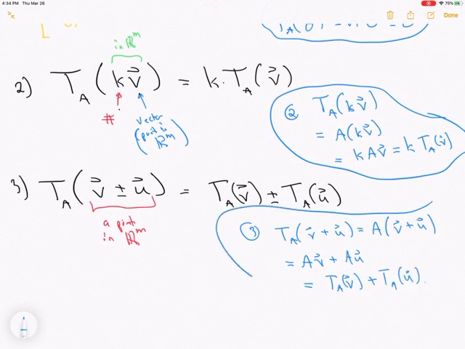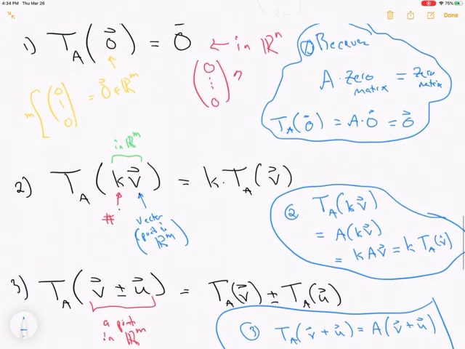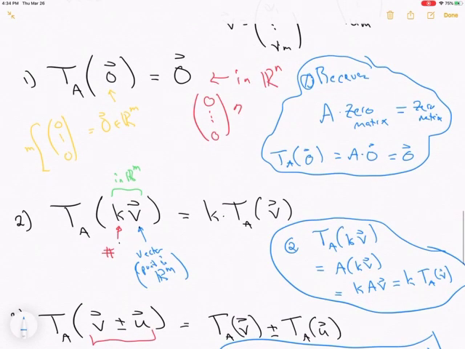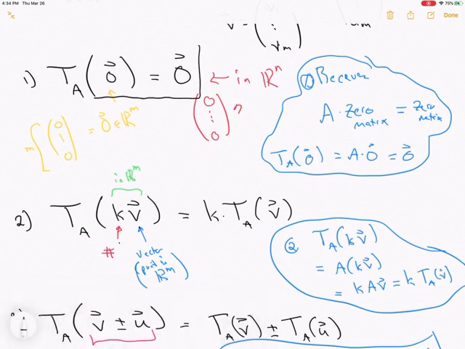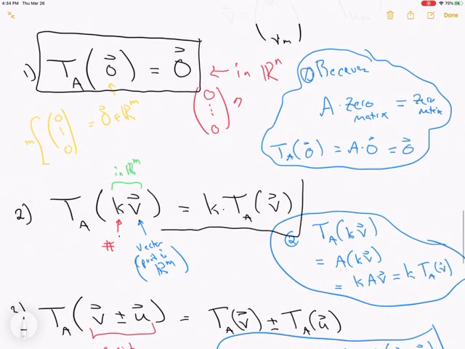So again, these 3 properties are just results of ordinary properties of matrix multiplication. So here's the first property, that these functions, if you input 0, they spit out 0. They behave well with respect to scalar multiplication.